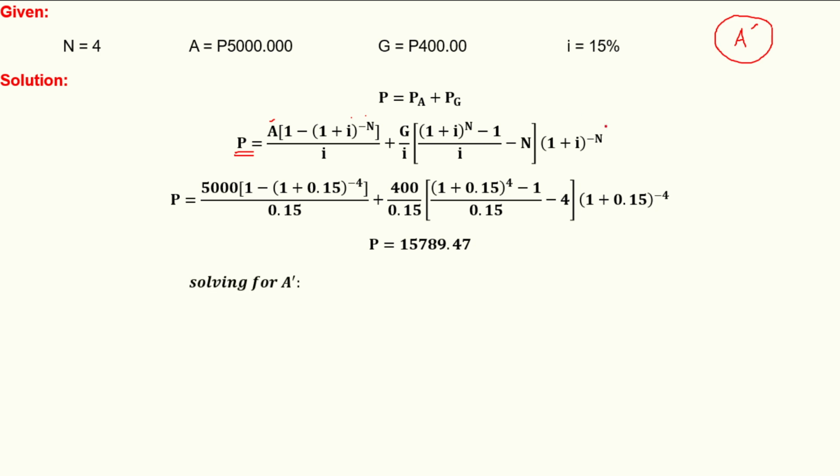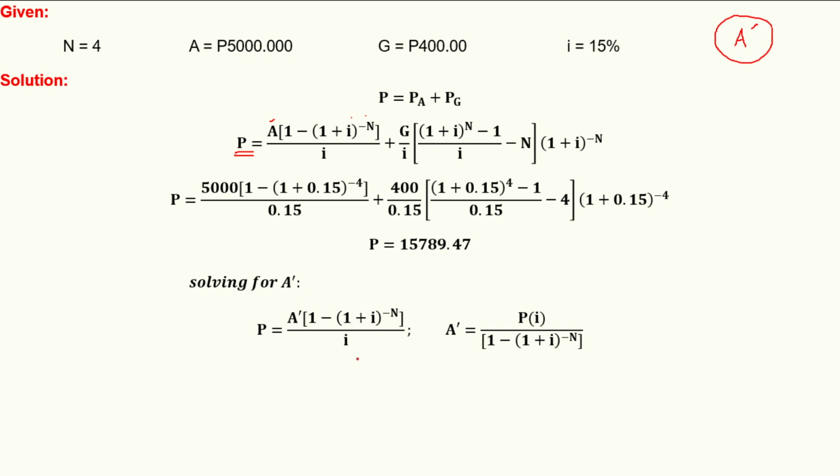Okay? So, solving for A prime, we have a formula, from the formula of ordinary annuity, P is equal to A prime, yan yung hinahanap natin, times 1 minus 1 plus I raised to negative n over I. Or kapag kinos-multiply natin yan, kasi A prime yung hinahanap.